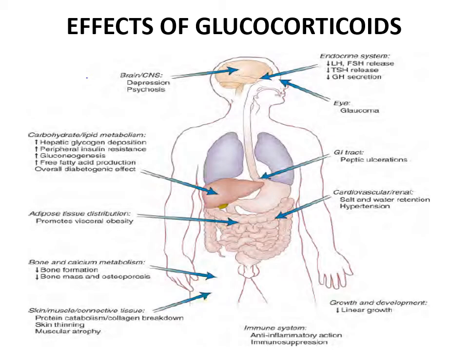So thus glucocorticoid promotes visceral obesity, and this may be due to increased expression of both the glucocorticoid receptor and 11-beta hydroxysteroid dehydrogenase 1 in the omentum compared with subcutaneous adipose tissues.